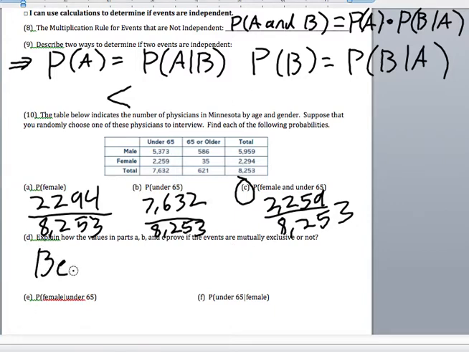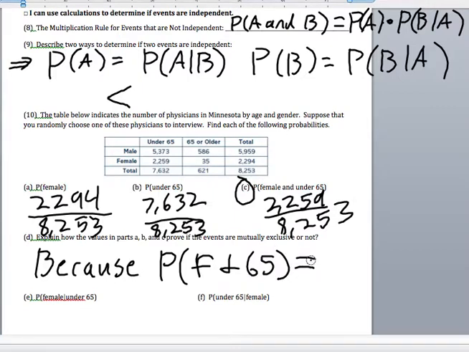In other words, the probability of F and under 65 does not equal 0, right? If there were 0 people in that overlap, we'd be able to prove these events are mutually exclusive. Okay. Now, we know they're not mutually exclusive. There's some overlap. Let's check to see if they're independent. That's a slightly different thing. When we do E and F, we can go back and check independence.